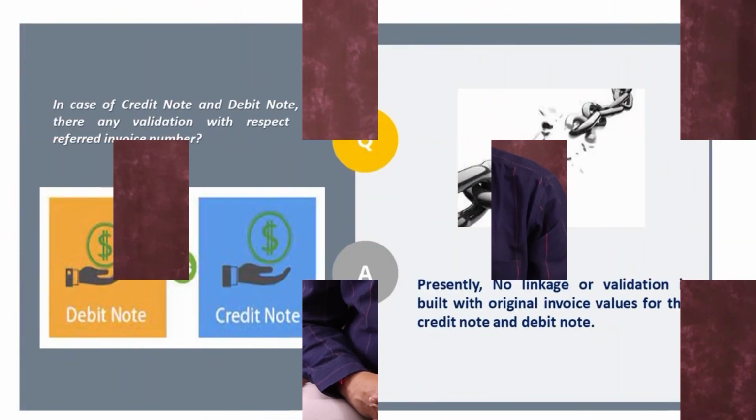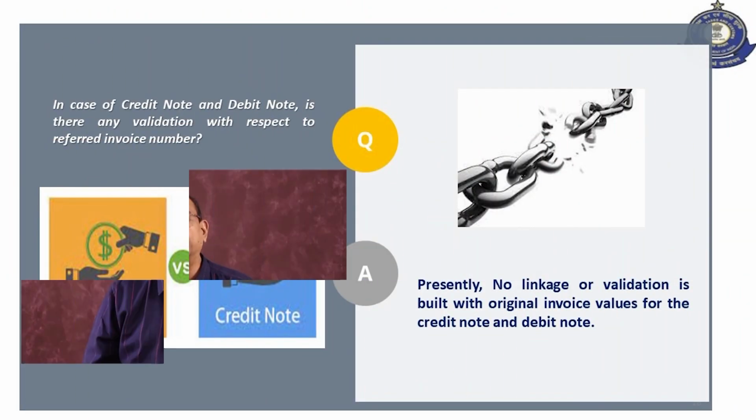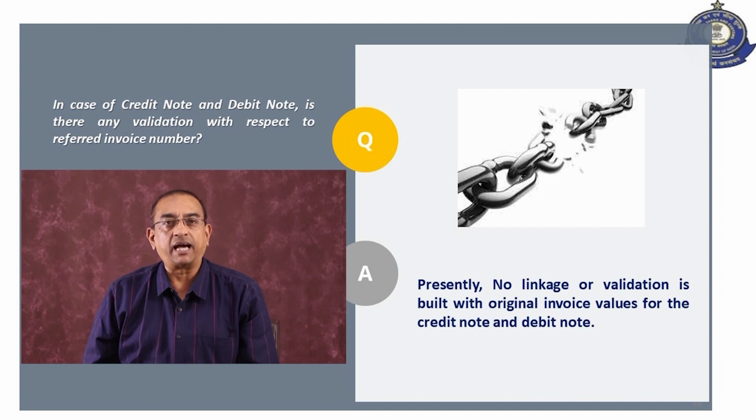Second is, if the e-way bill is verified in transit by the tax officer, e-way bill cannot be cancelled even if e-invoice is cancelled. The next doubt is whether there is any linkage between credit note and debit note with reference to the original invoice at the time of validation of the e-invoice generation. The answer to this is there is no linkage at present with reference to the credit note or debit note with the original invoice.